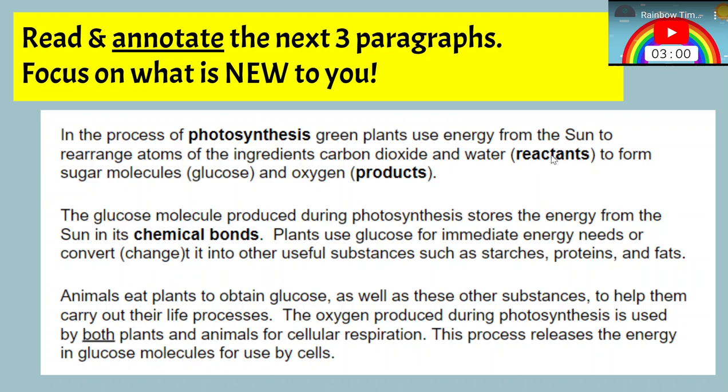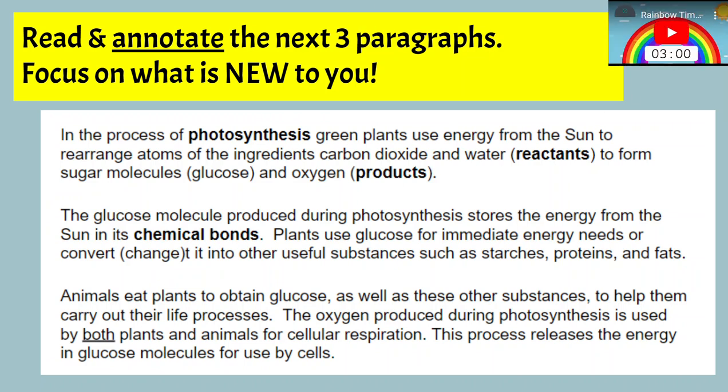So I'm going to tell you the word reactants is actually about the same thing as ingredients. We're talking about what's going to react when we have some chemical thing happening. Carbon dioxide and water, those are going to react. Those are our reactants. They're going to react to form sugar molecules like glucose and then also oxygen.